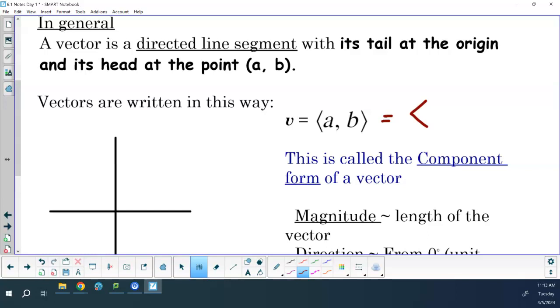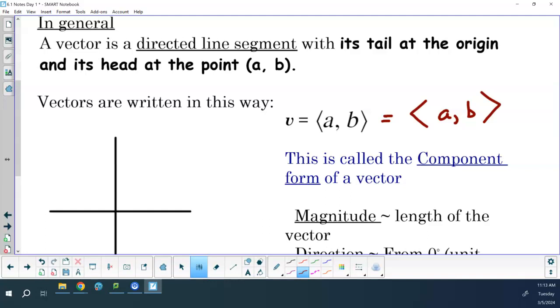I don't know what to say this symbol is. But inside, it's just like a point. It's not a set of parentheses there. If you smush them together, it'd be a diamond. This is called the component form of a vector.